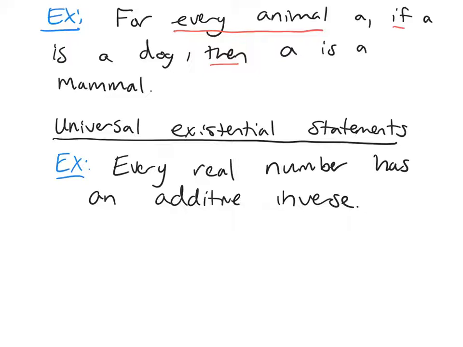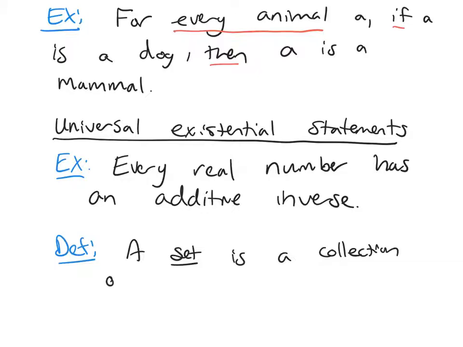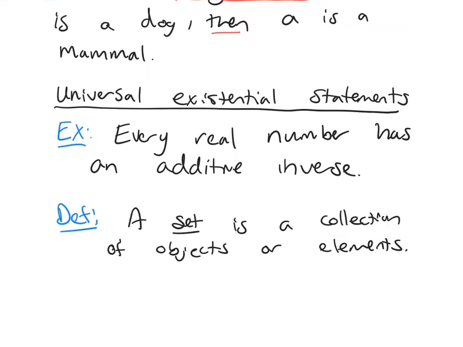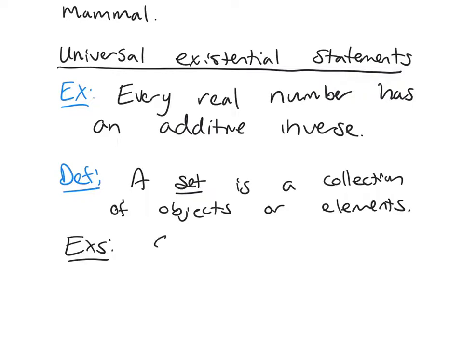Okay, so now let's define what we mean by a set. A set is a collection of objects which are called elements. Okay. So the way we usually write a set is with some curly braces.